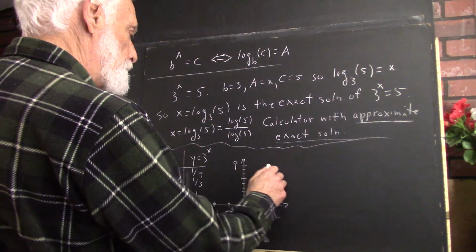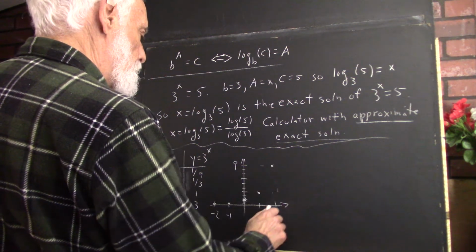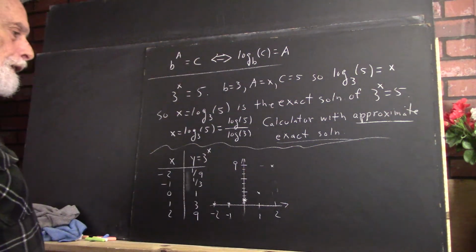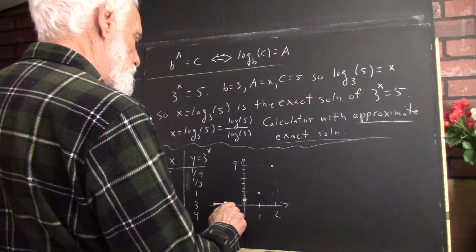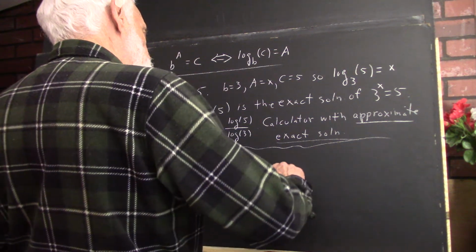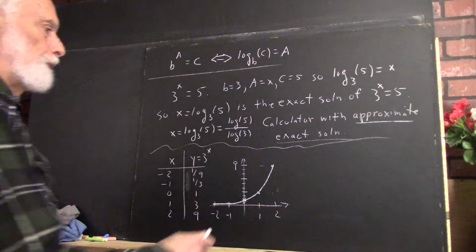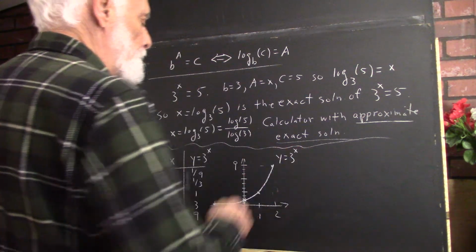And then we have 0.29 right here. And here we have a reasonable graph of y equals 3 to the x.